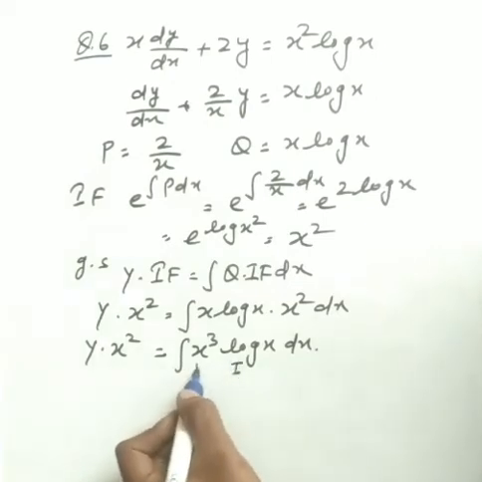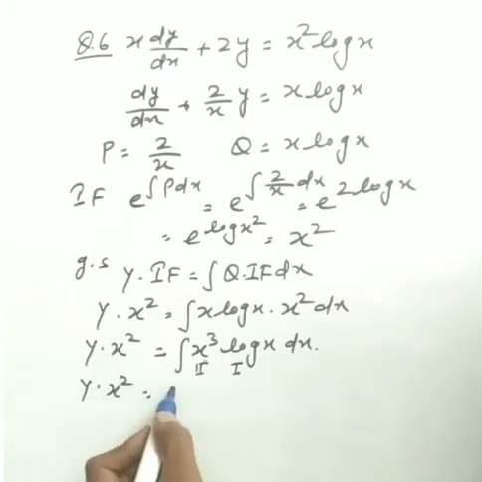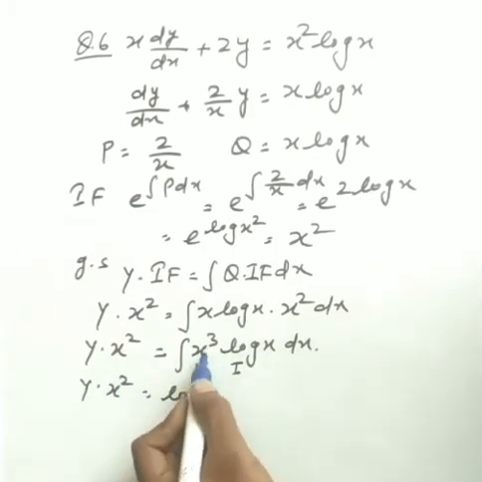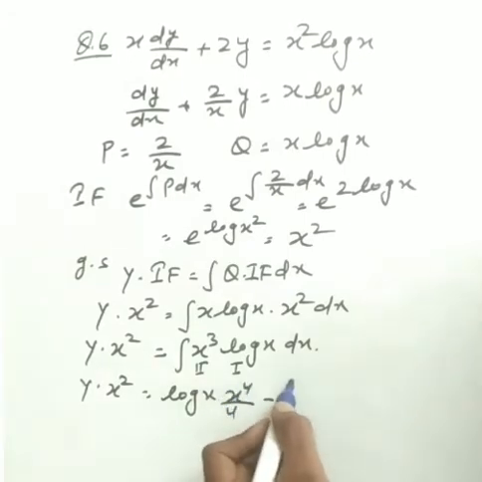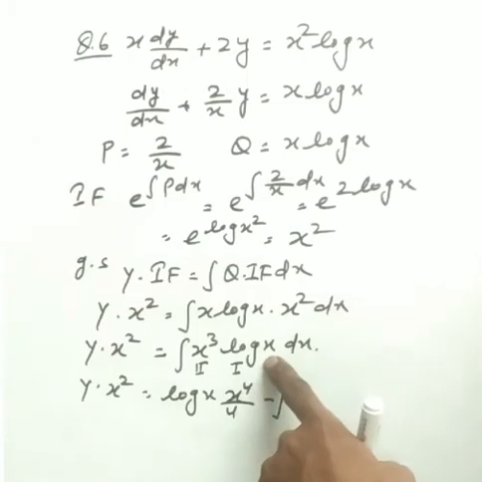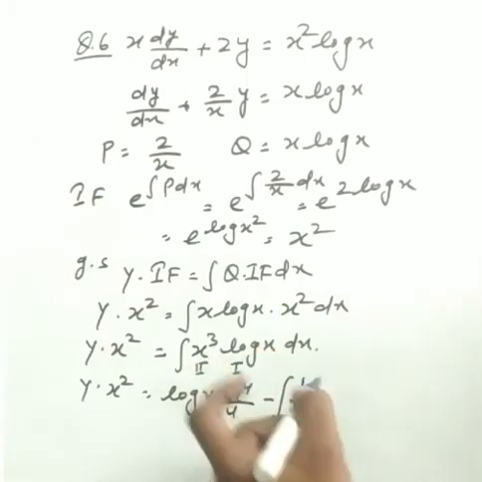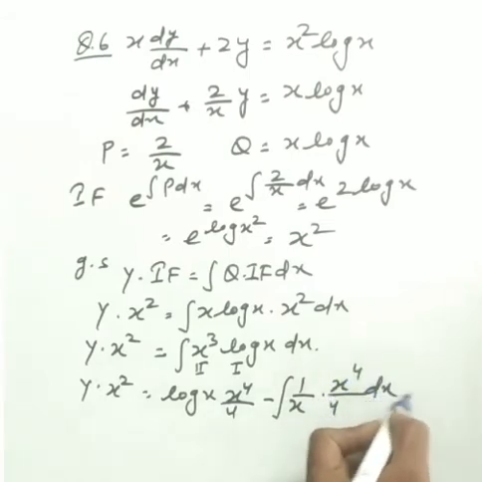This is the first function, this is the second function. y x square equals first times integration of second, x to the power 4 upon 4, minus integration of d/dx of this first, which is 1 upon x, times integration of the second, x to the power 4 upon 4, dx.